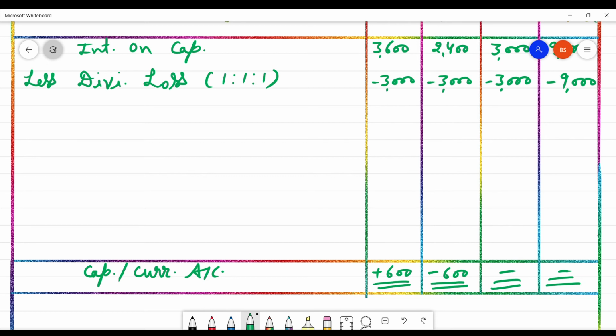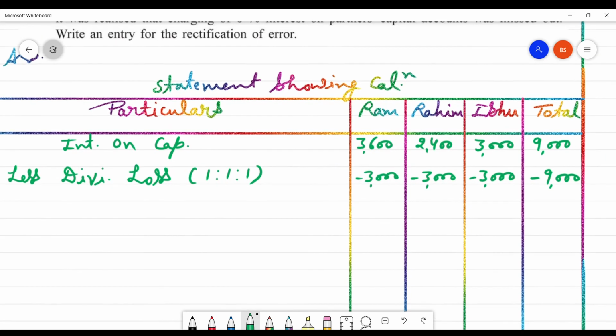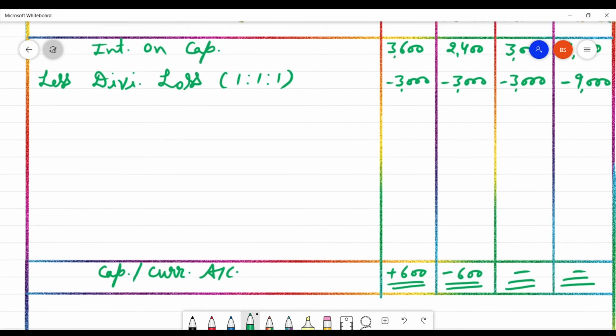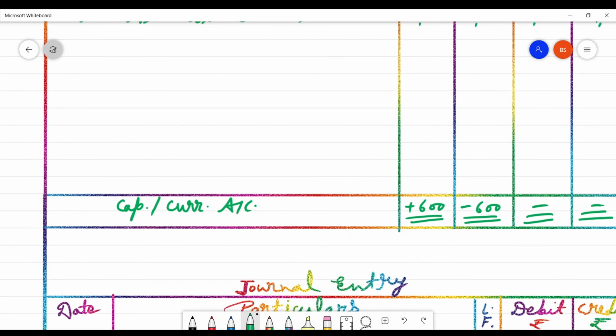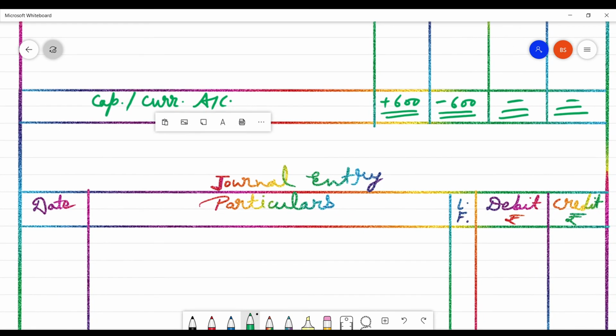So minus will be transferred to the debit side and plus to the credit side. Ram gets the plus amount, so it will be transferred to the credit side, and Rahim's minus will be recorded on the debit side.